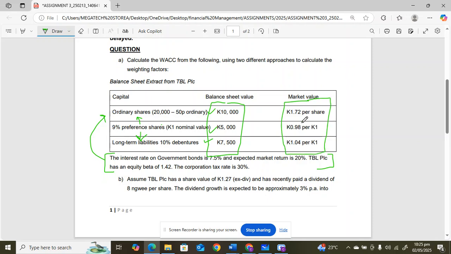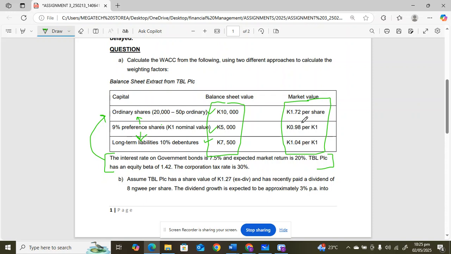The market values represent the current, present data. The book values are historical information. So usually it's preferred to use market values because that represents what is currently happening with the company.